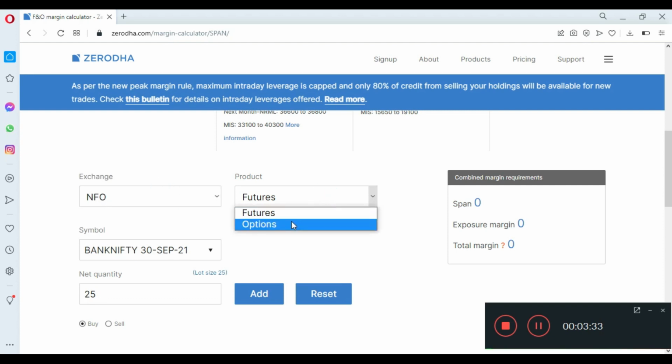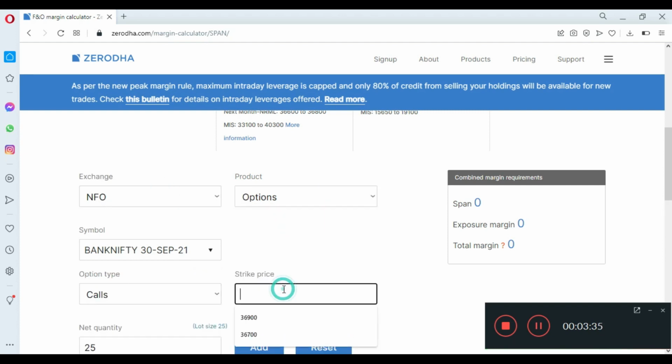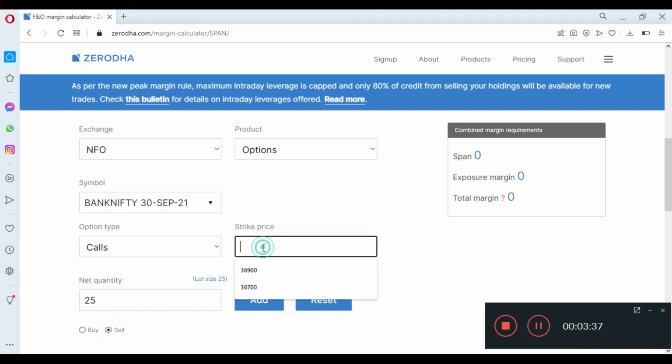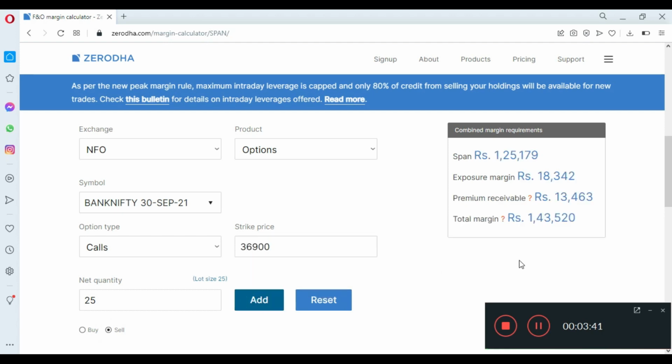So these are the options. If I sell the 36,900 call and add, you can see the margin required for selling one lot is 1,43,000. What does this mean? This much amount should be in your trading account for taking this lot of Bank Nifty.